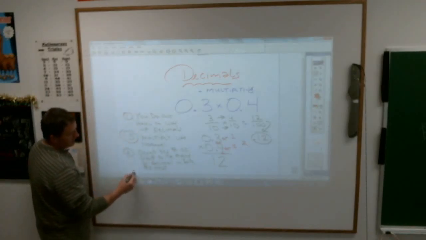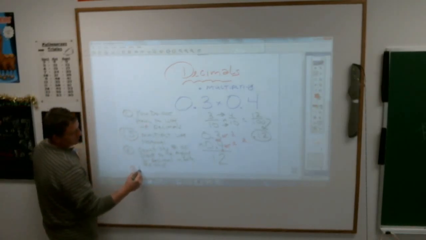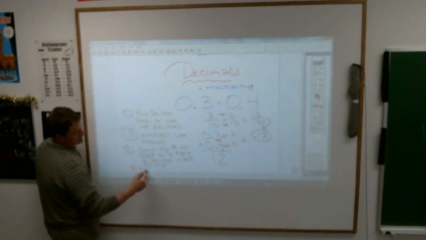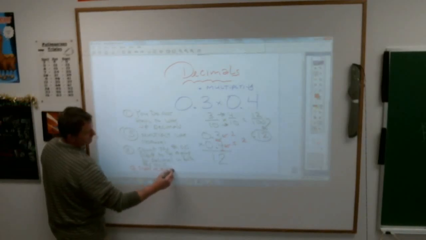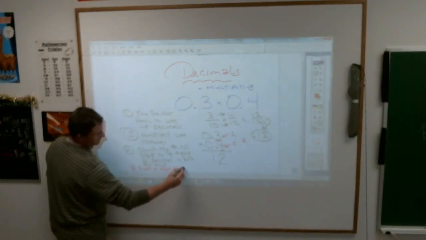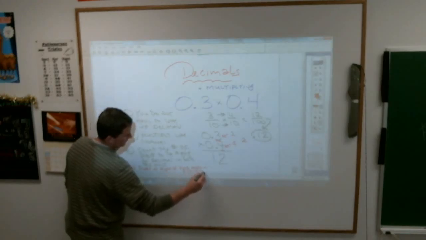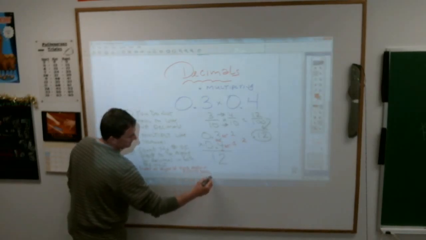And your step 3 is you need to start at the right of your answer and count back that many places for the decimal.